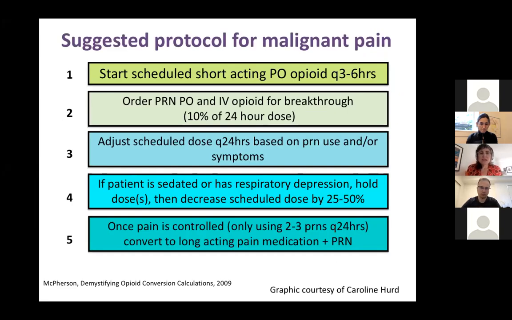This is a suggested protocol for malignant pain. A seriously ill patient, usually somebody with cancer, where you know that it's going to be appropriate for them to have opioids for a longer term because their cancer is not going to go away and they're going to still have pain.